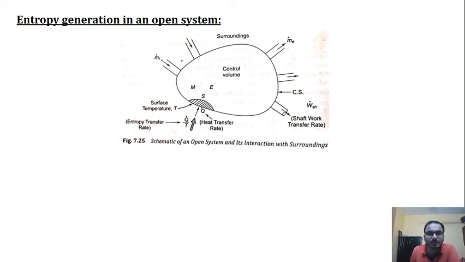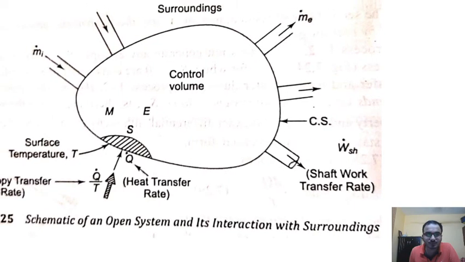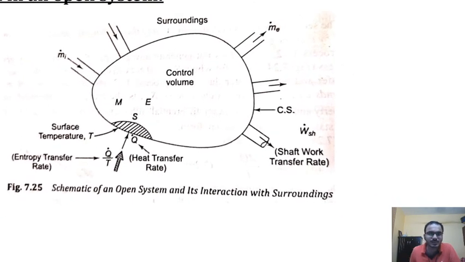Now we are discussing an open system in which there is an interaction of mass. As you can see, there are several openings from where mass can enter and exit. There is also a shaft work transfer present, given by W dot sh.